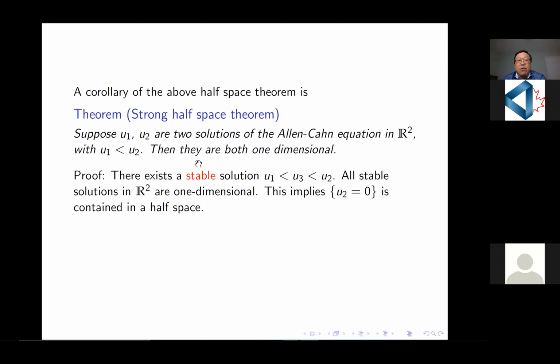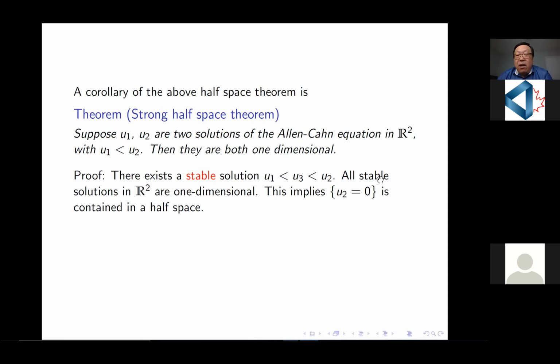easy. Once you have the weak half-space theorem, if you have two solutions, one above the other, u2 greater than u1, then you can construct a stable solution in between by the sub and super solution method.